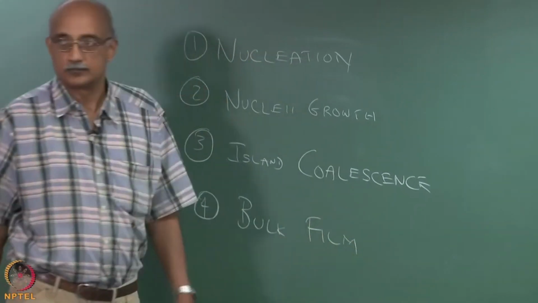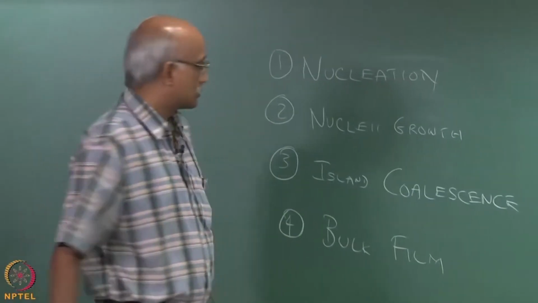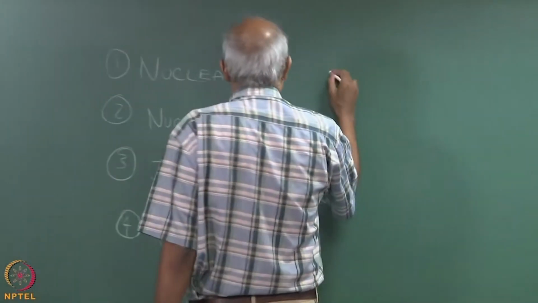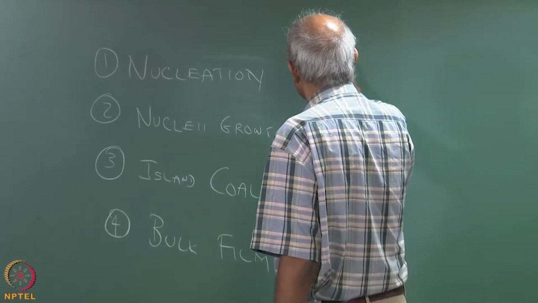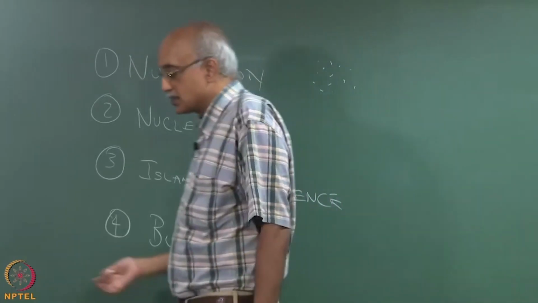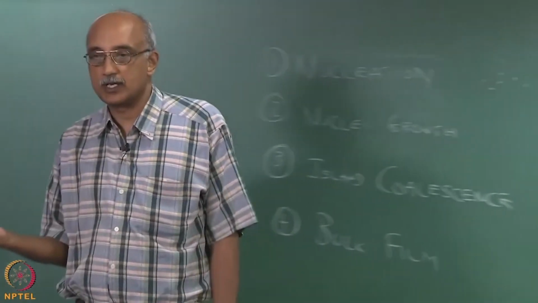film forms. As the name suggests, initially what you form are these isolated nuclei on the substrate, which happens essentially because of heterogeneous nucleation as the vapor phase comes in contact with the energized solid substrate. These nuclei are likely to be of the order of a few angstroms or tens of angstroms.